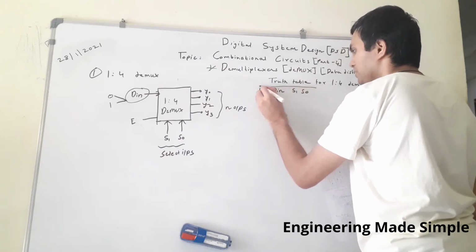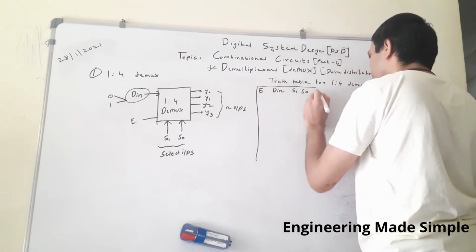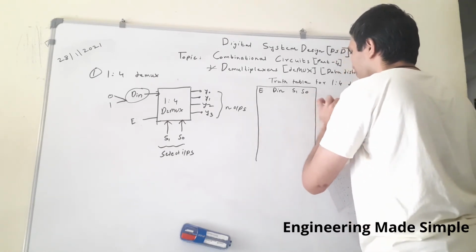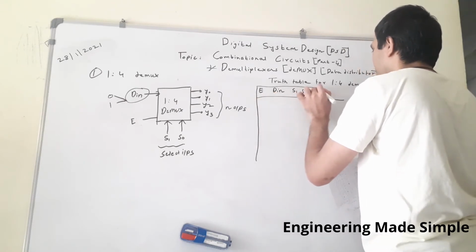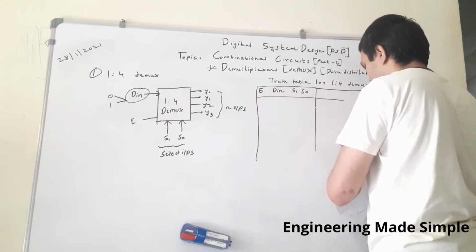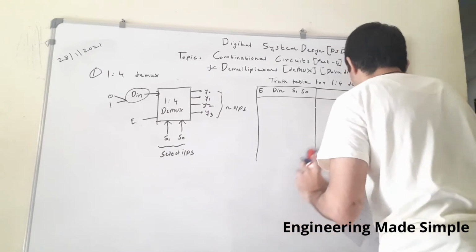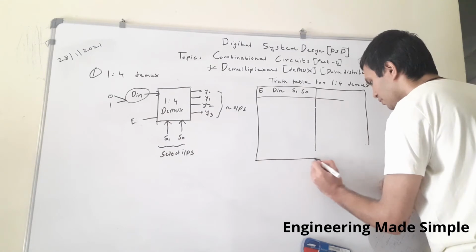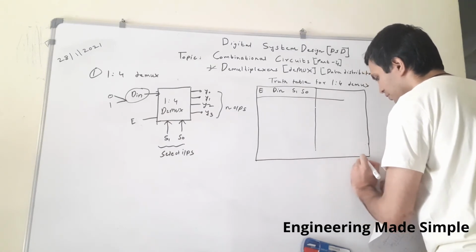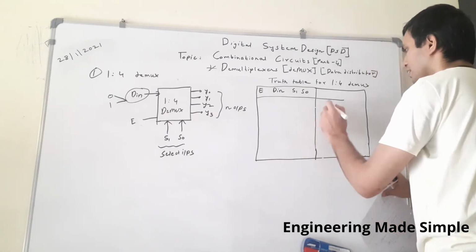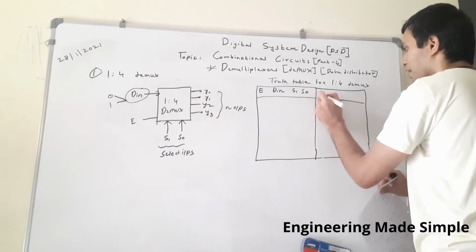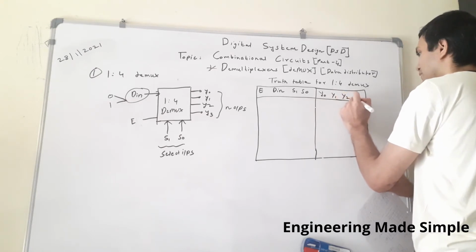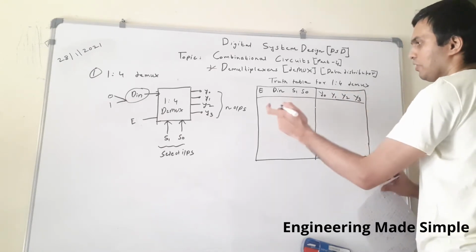So this is your input side of the truth table, and this is your output side. What are the outputs of the demultiplexer? Y0, Y1, Y2 and Y3. So these are the outputs, and four inputs are there.